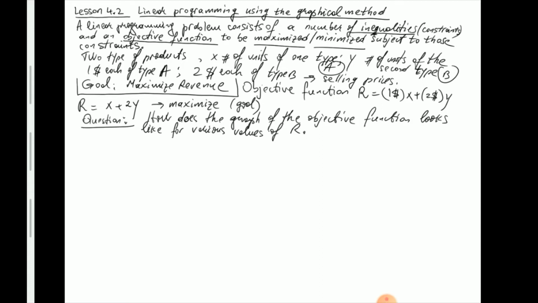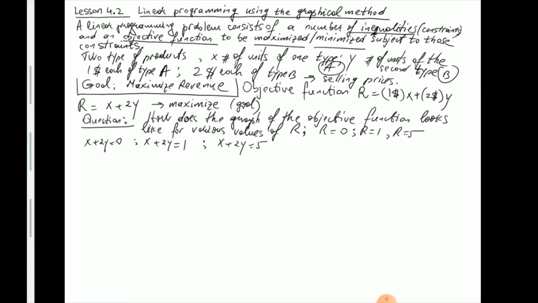So let's actually graph 3 situations, namely R equals 0, as I said, R equals 1, and R equals 5. So that means I want to plot the equations x plus 2y equals 0, x plus 2y equals 1, and then x plus 2y equals 5.